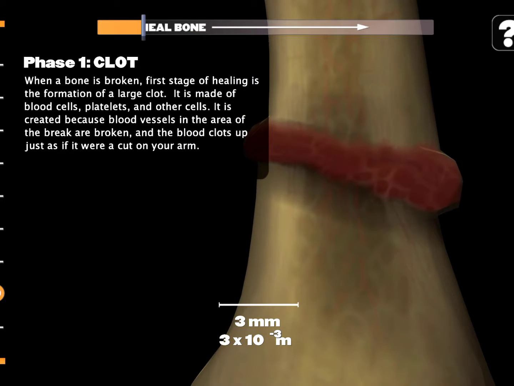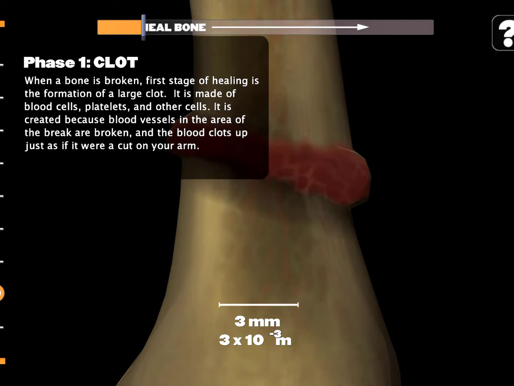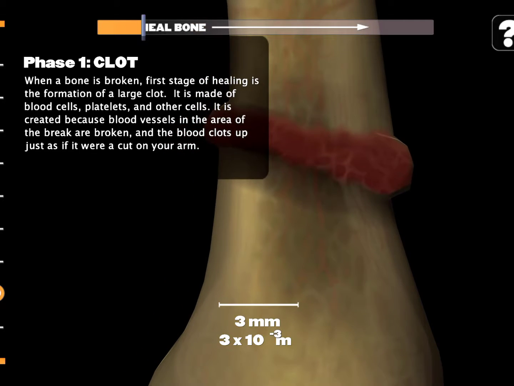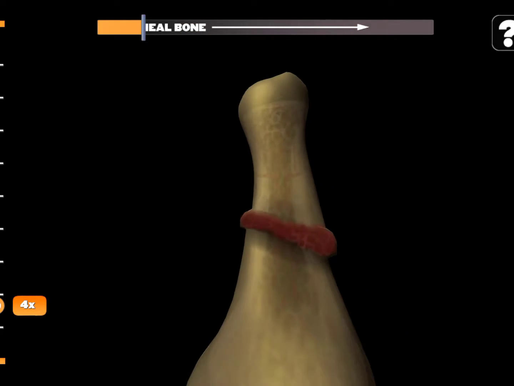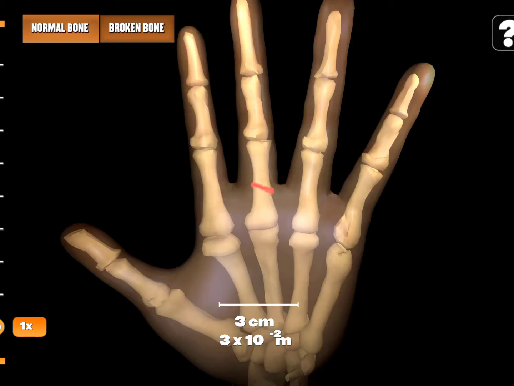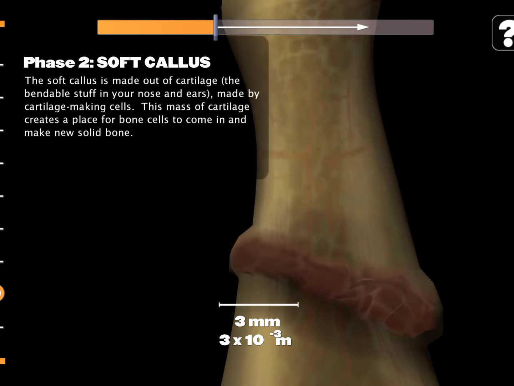Let me get back on here, and we'll go to the next stage. Then over time, as it heals, it's going to become a soft callus, so you can see the change that has occurred, because now this is made up of mostly cartilage, made by cartilage making cells.